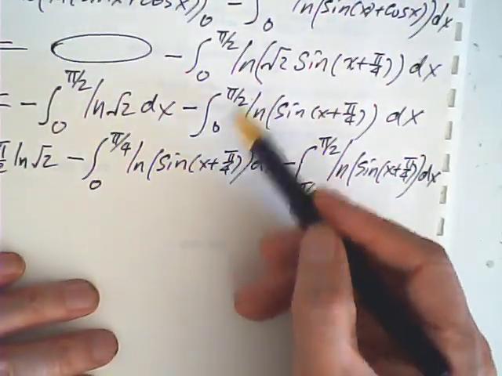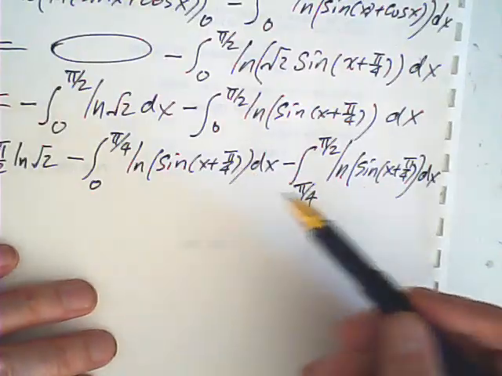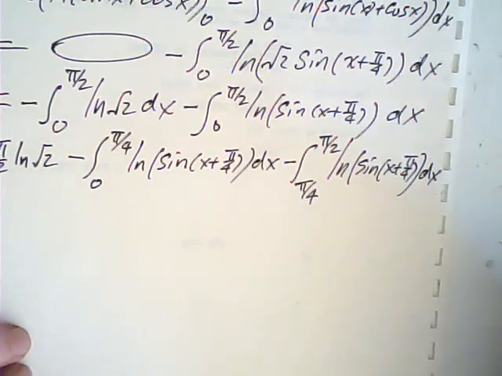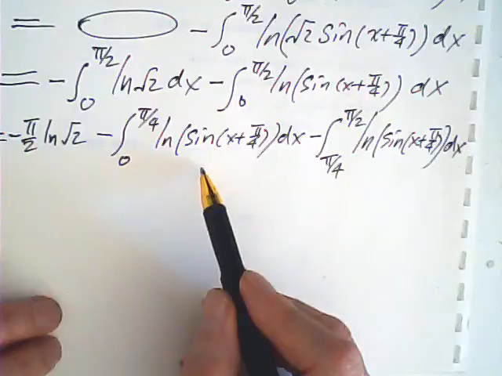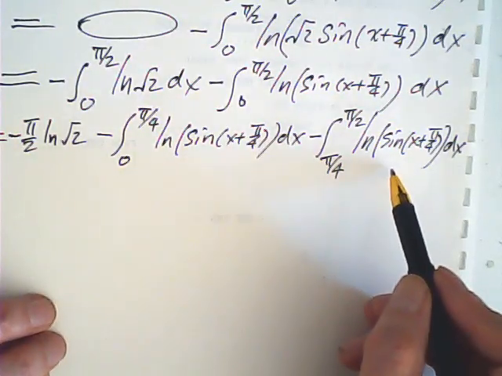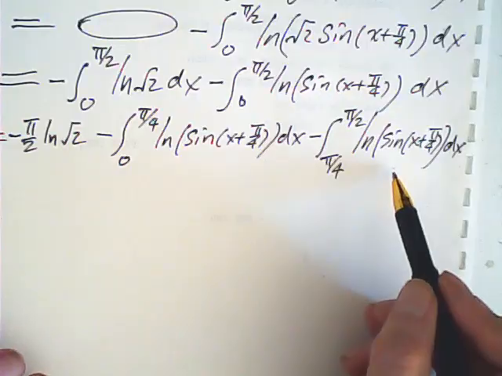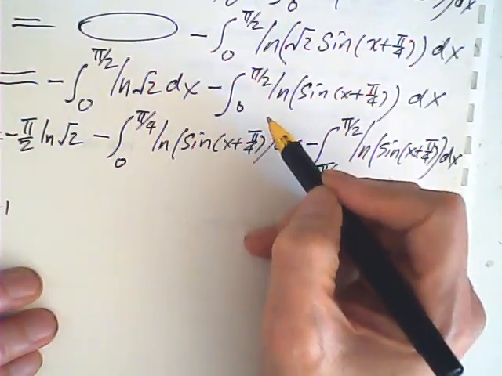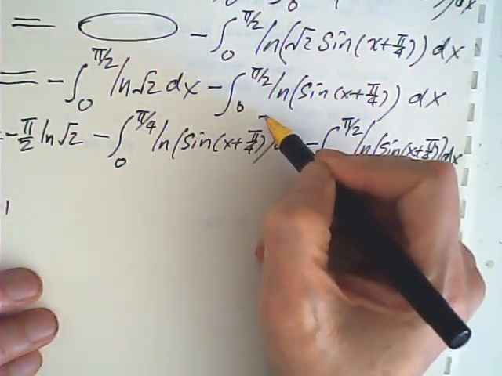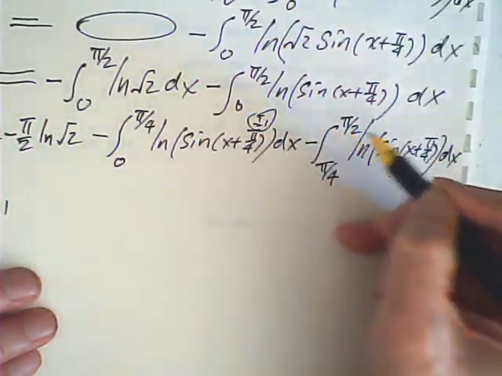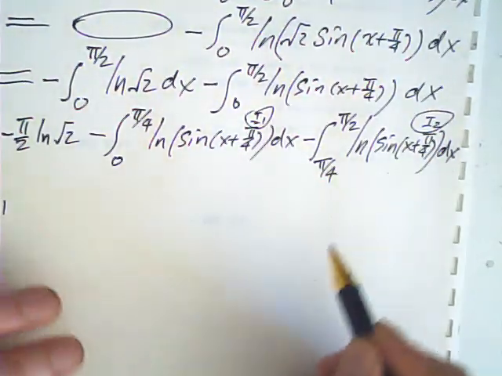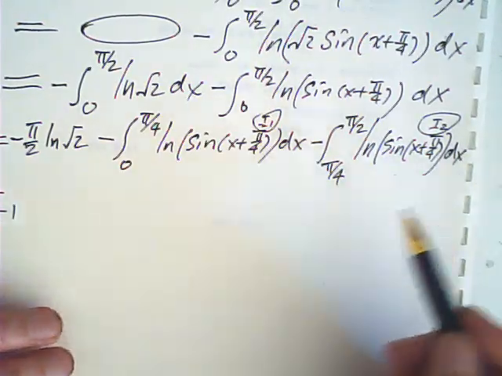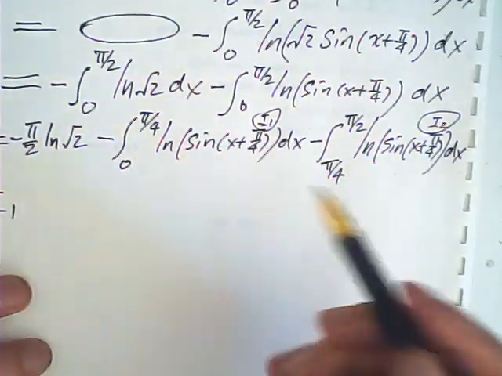Right? I split this one into two. So from 0 to quarter pi, from quarter pi to half pi is this. And I call this one I1, this is I2. Excuse me, this is rather informal writing. But anyhow, this is I1, this is I2.